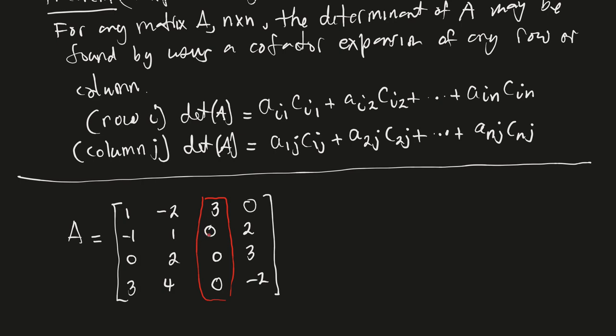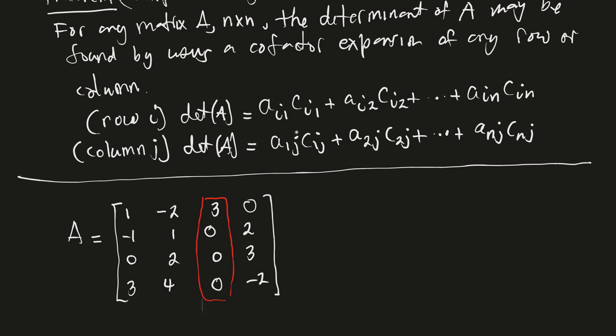So what this theorem allows us to do is choose wisely. One of the obvious ways to choose is to choose a row or column that has the most zeros. If you have a few that have the same number of zeros, then it doesn't really matter, but you'd want to choose at least one that has the most.